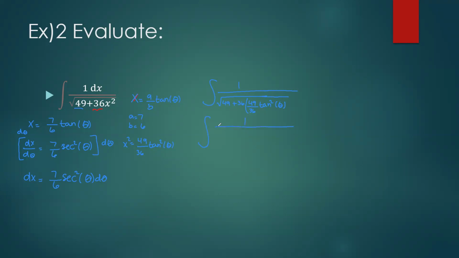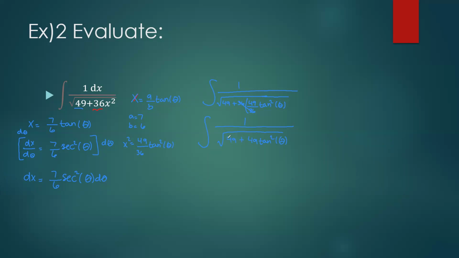So you're left with 1 over the square root of 49 plus 49 tan squared theta. What else could you do?